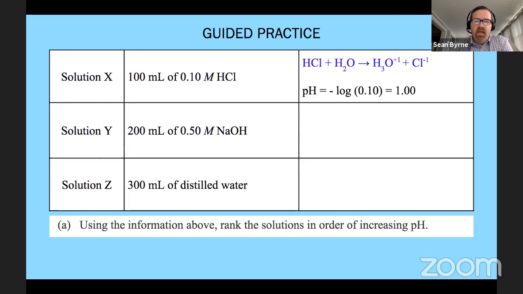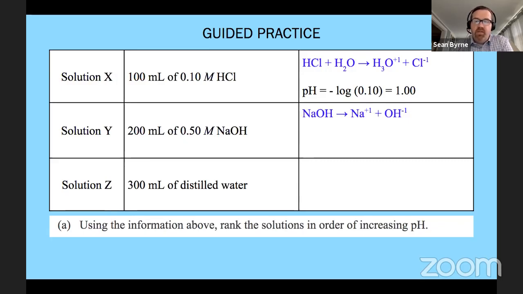That means that the pH is equal to the negative log of our 0.1, because it's a strong acid, right? So HCl will completely dissociate. So the concentration of HCl is the same as the concentration of hydroniums. And so our negative log of 0.1 is equal to 1.